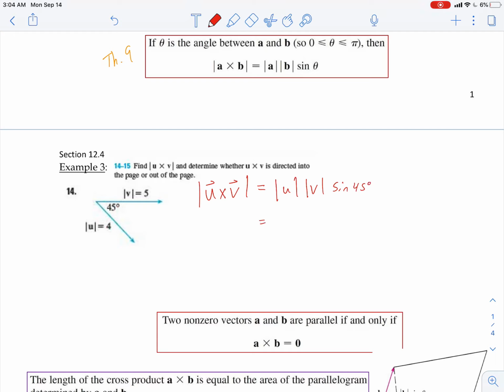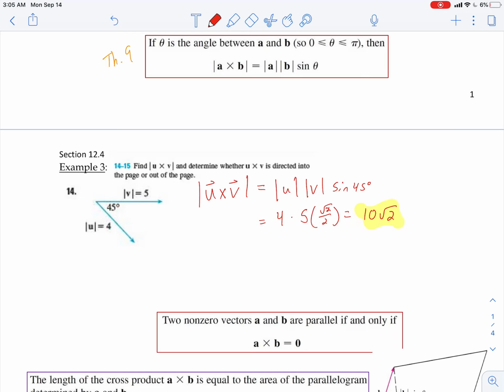Then we substitute in our magnitude for u, which is 4, times our magnitude of v, which is 5, times sine of 45. Sine of 45 is the square root of 2 over 2. And so we multiply, and we get 10 square root of 2. 20 over 2 is 10, and so we get 10 square root of 2. And so that's the magnitude of the cross product of u and v.